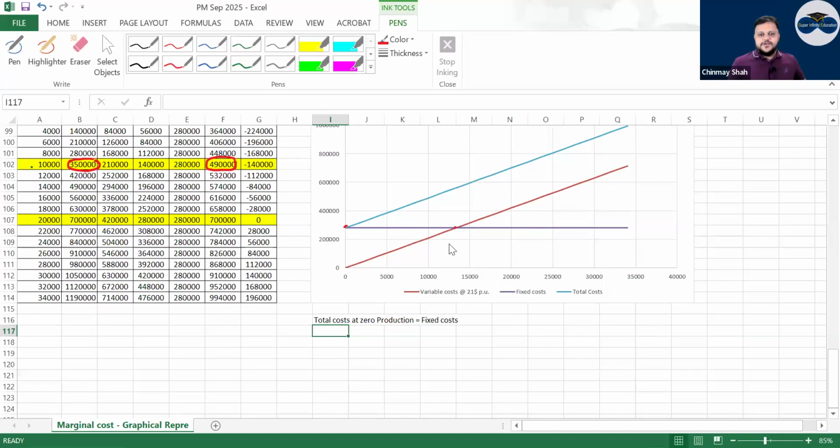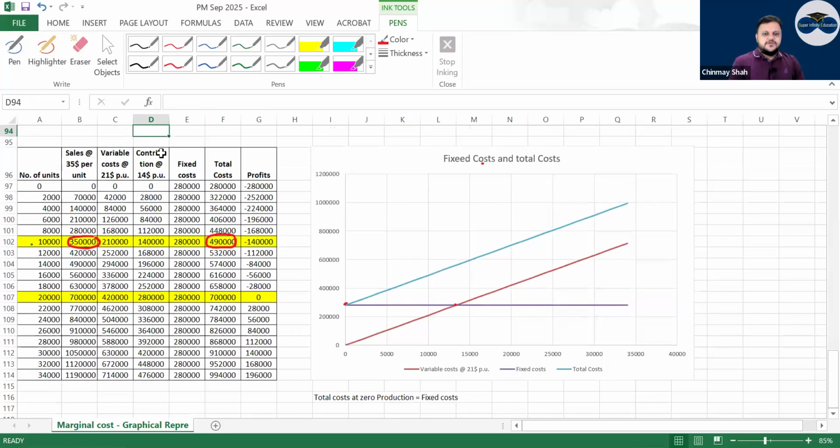What about this line where variable cost and fixed cost meet? It must also have some importance. Have a look. Where is it meeting? Somewhere around 17,000, but there is no importance as such. Where variable cost and fixed cost meet is somewhere around 16,000, I think. Does 280 and 336 match here?